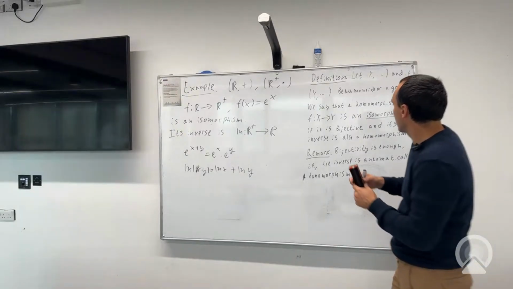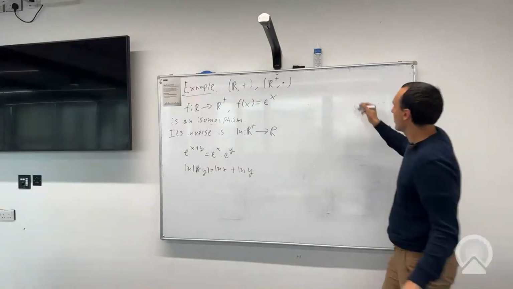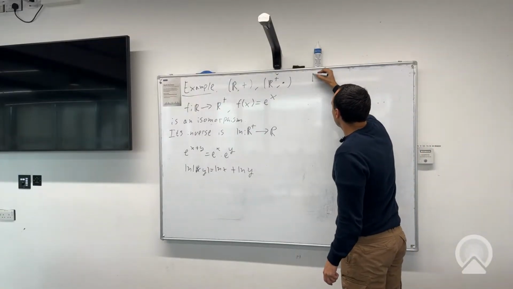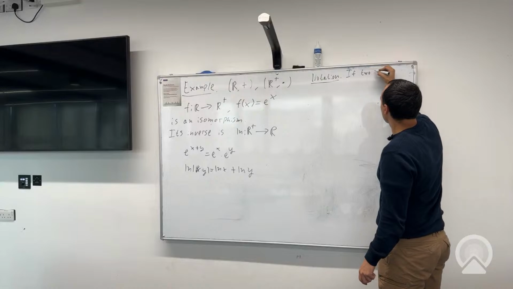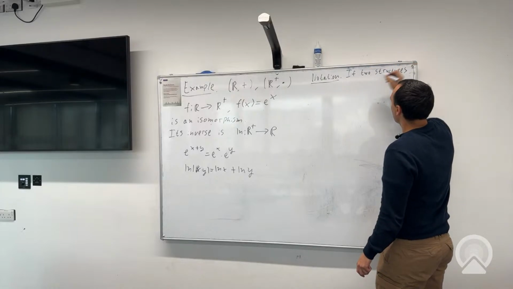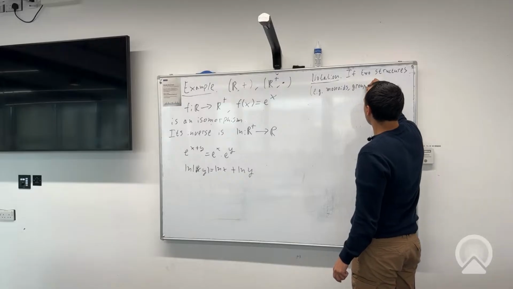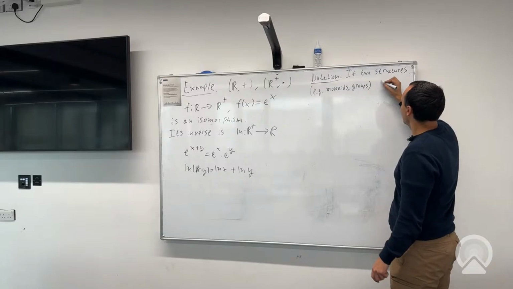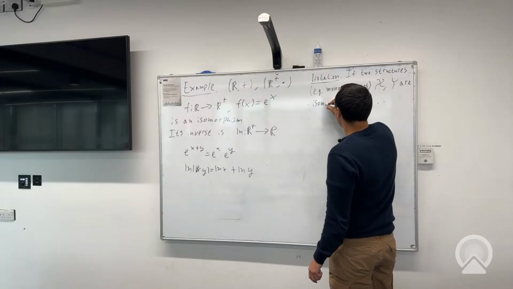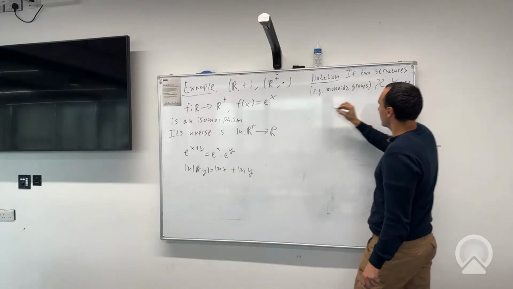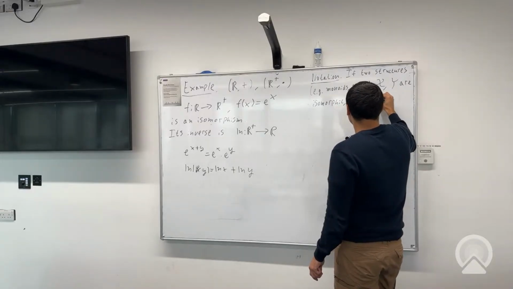Okay. So some notation. If two structures are isomorphic, here structures means, for example, groups or monoids, two structures X and Y are isomorphic, we write this symbol here.